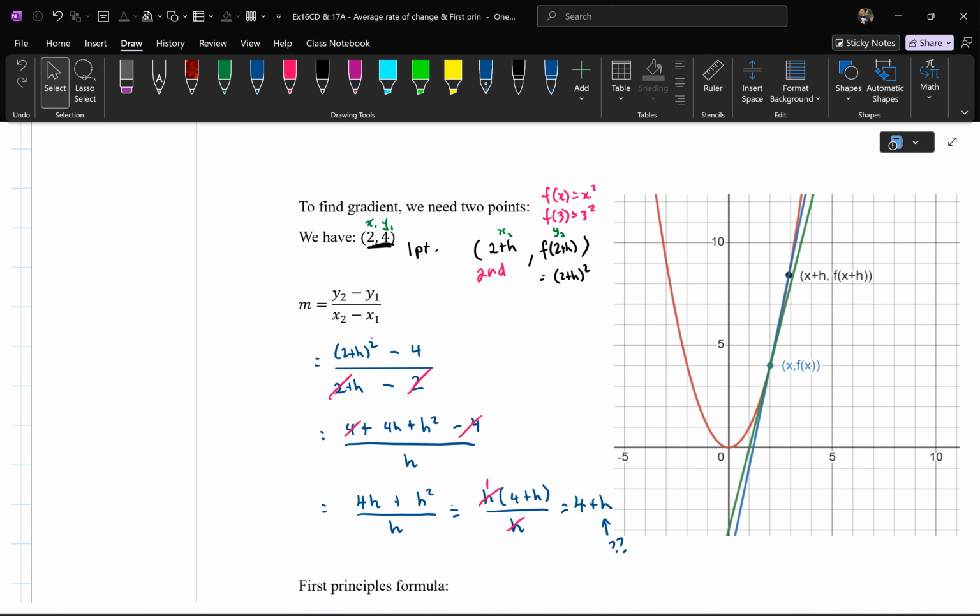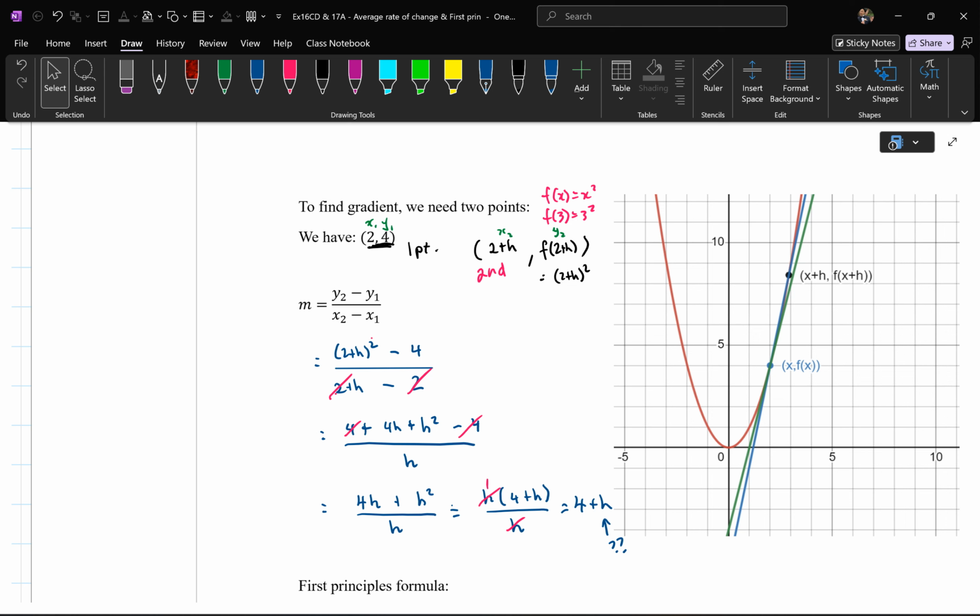But you just told me h is infinitely small. So if I asked you, what is the gradient equal to? 4 plus a very, very, very small number, what does it tend towards? 4. So if I wanted to know the gradient at this one point, my best estimate is going to be 4.